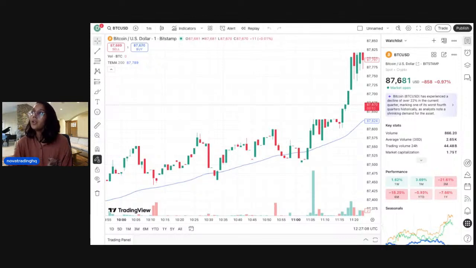Now from 10:36 to 10:38, look at this. There are a few tight candles showing a slow grind, right? It is not so explosive, but it's a kind of stable candle.